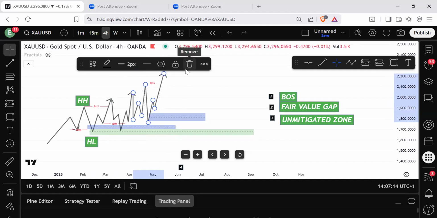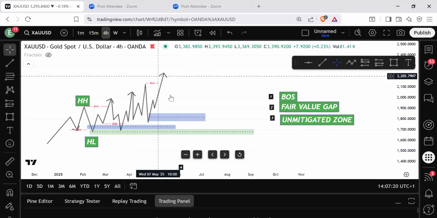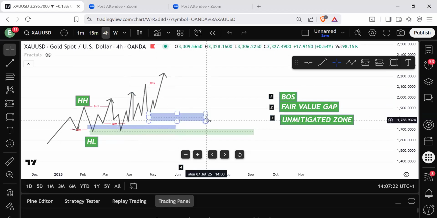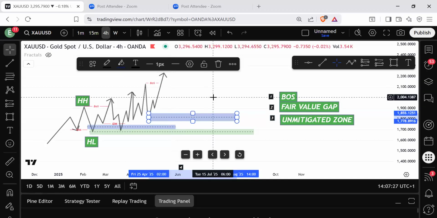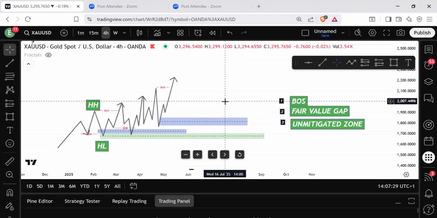So the timing is very important in this case. We must look for a fresh zone like this, where the price has not visited.